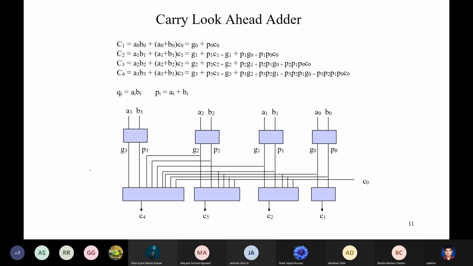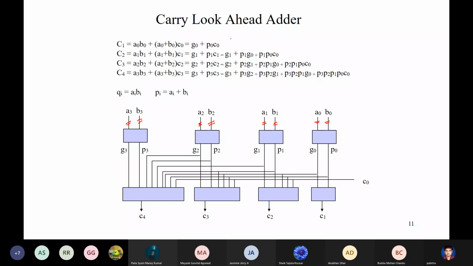Let me expand this. If we call these columns A0, B0 the 0th bit, A1, B1 and so on, I have 4 bits. I am trying to design a 4-bit carry look-ahead adder, with A0 to A3 and B0 to B3.